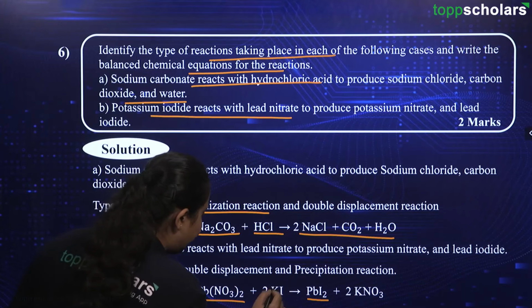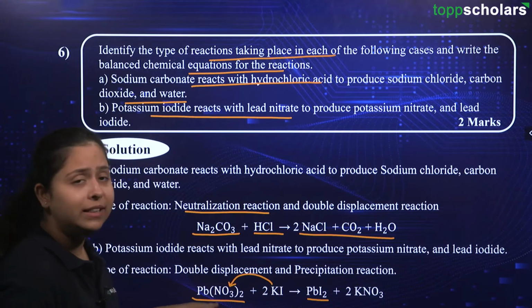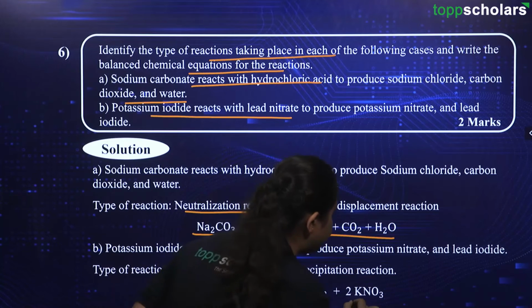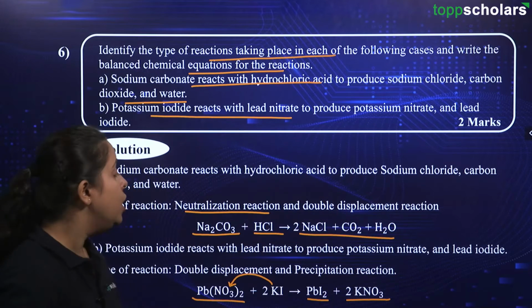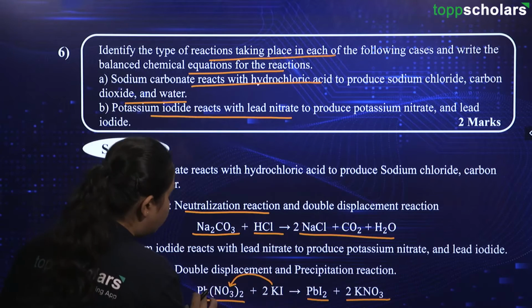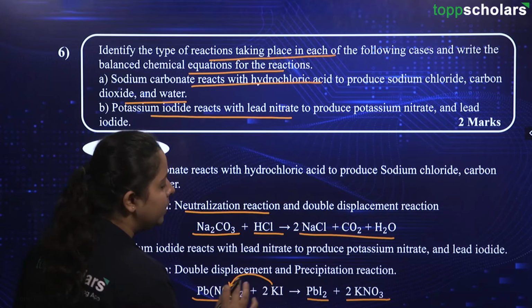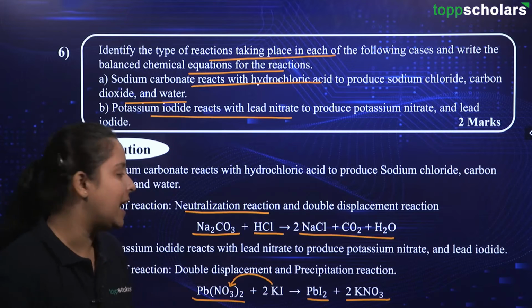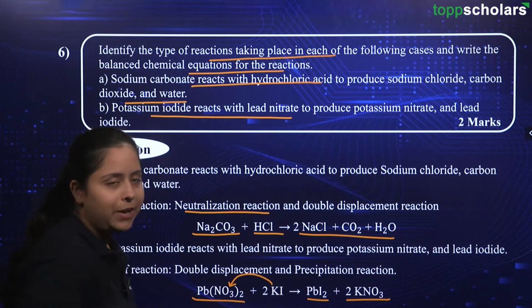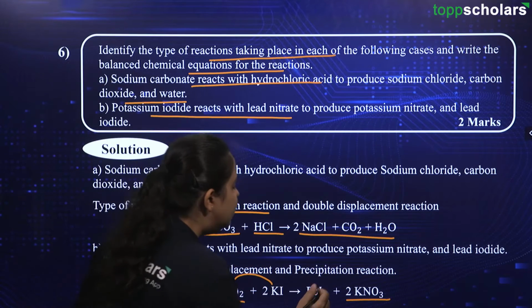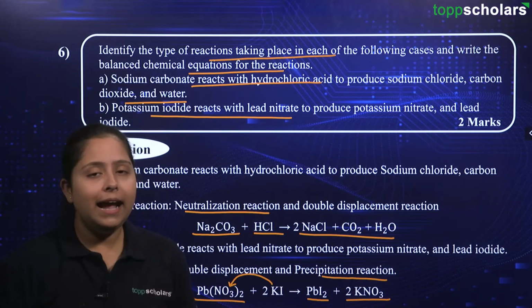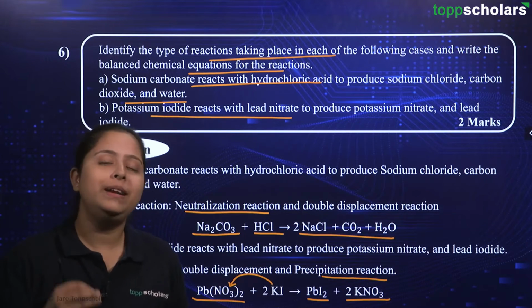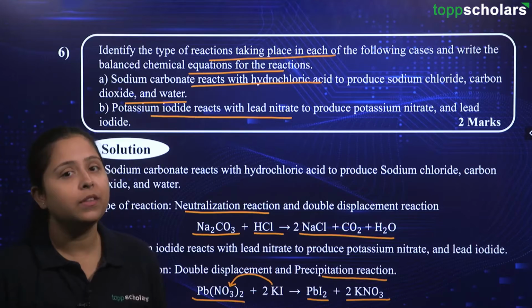Then this K will be combining with nitrate ion and hence we have the formation of KNO3. So again over here we have displacement happening and for K as well the displacement has occurred. So again this is a type of double displacement reaction. Now over here there is a precipitate formation, hence the reaction is of the type of precipitation reaction as well.